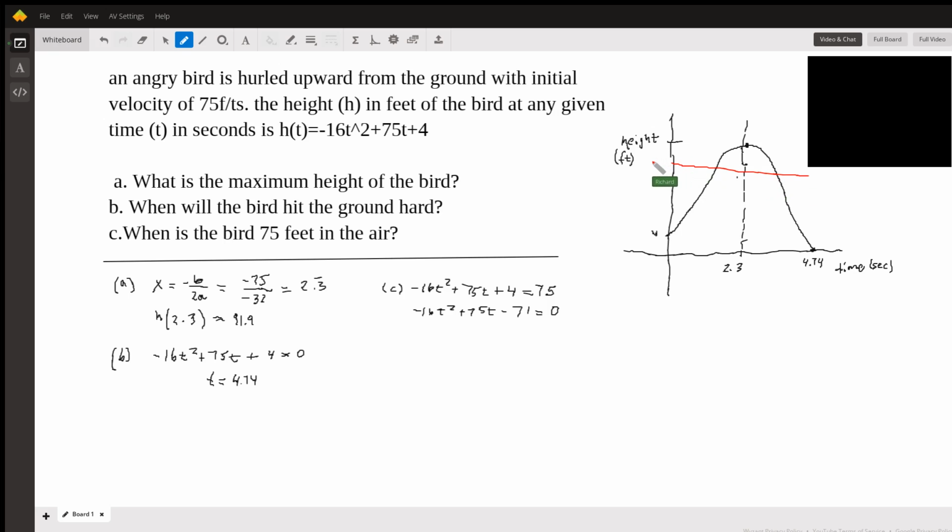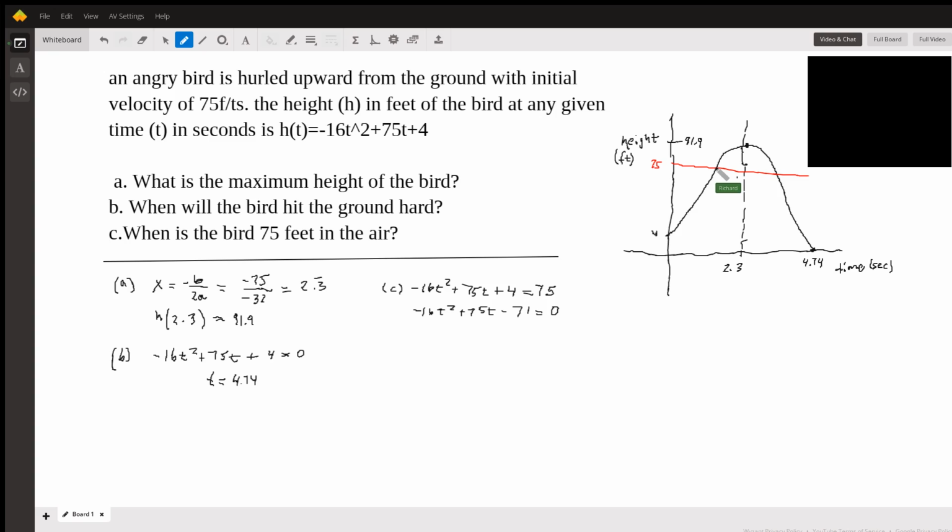Let me switch colors. When is the height of the bird going to be at 75 feet? We already know that the poor bird was at 91.9 feet when it was at the height of its travel. And now we want to know when it's going to be at 75 feet.